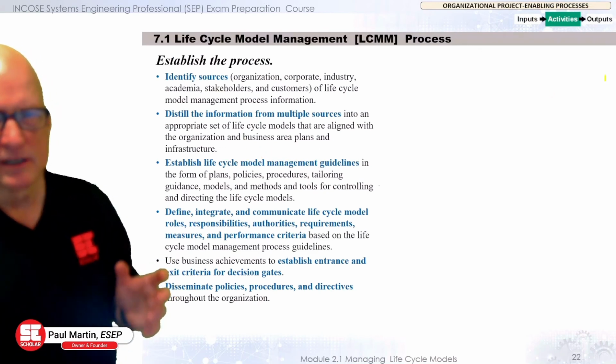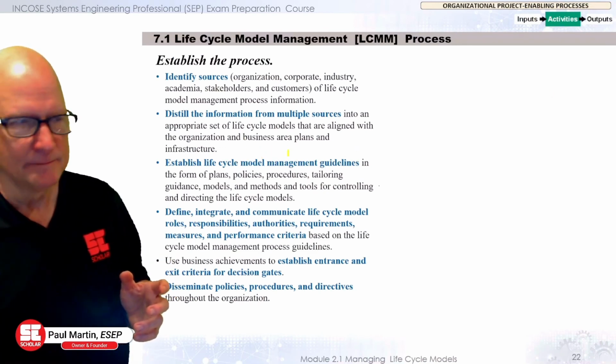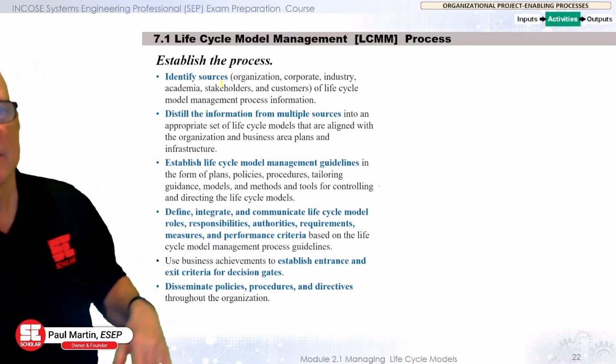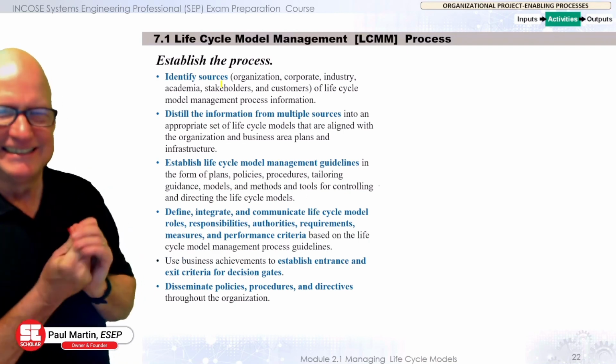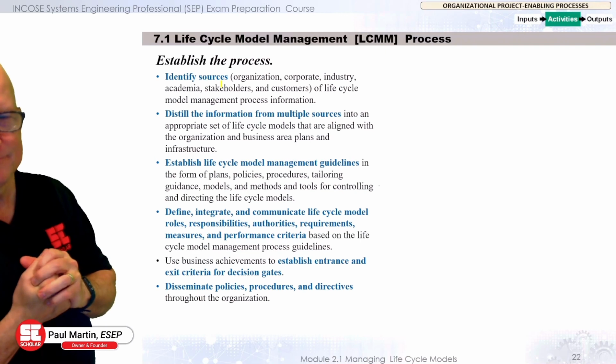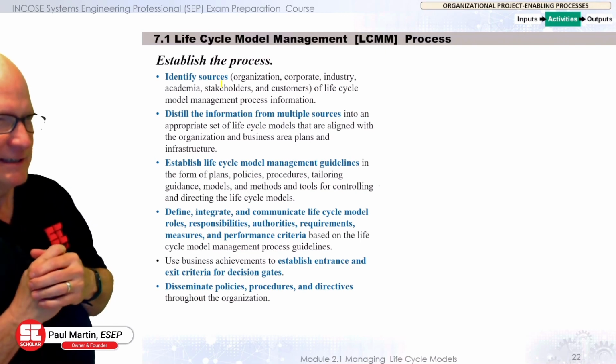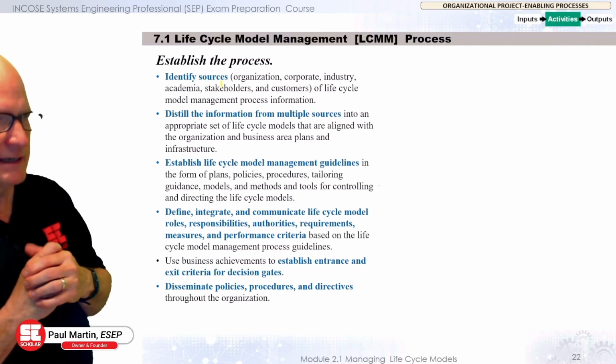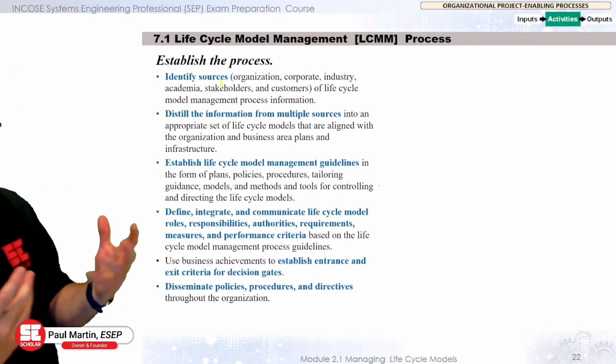So what does this process do? It identifies, first of all, you have to figure out what are some good sources that I can use to actually figure out what my life cycle model should be.